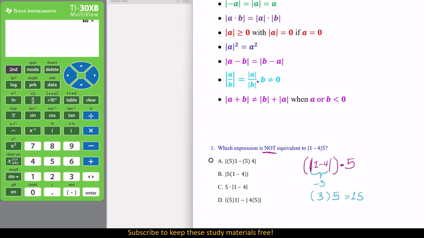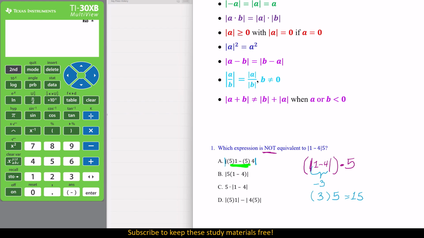We're looking for something that is not in the right form and will not result in a positive 15. So let's look at A. I'm here to tell you that because everything is in the absolute value, if we can get this center part to come out with a 3 or positive 3, then it's equivalent.